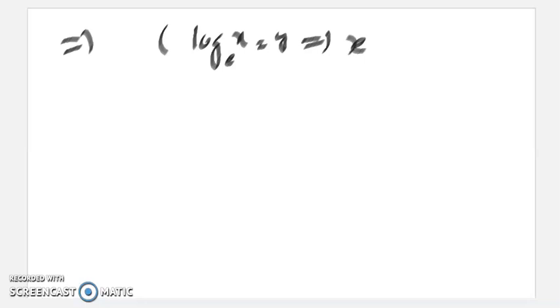This is the exponential form of the given step. So that implies, now what is the formula we use here? By using log x base e is equal to y, the exponential form is x is equal to e power y.